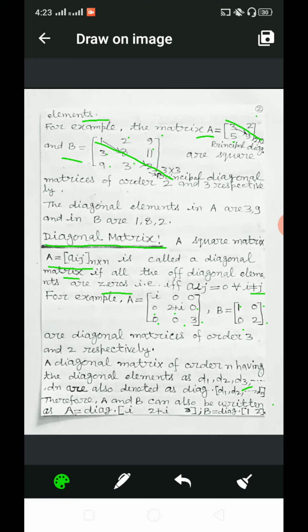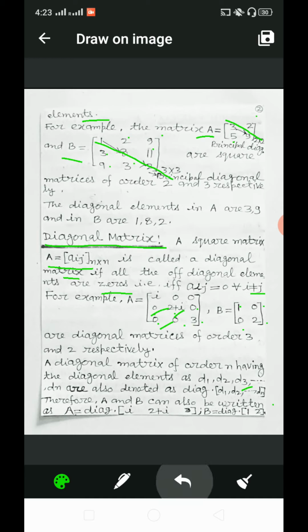Dear students, here I want to tell you that on the basis of the order of the matrix, we can say that the number of diagonal elements is equal to the order of the matrix. Here suppose that A is equal to i, 0, 0, 0, 2 plus i, 0, 0, 0, 3.